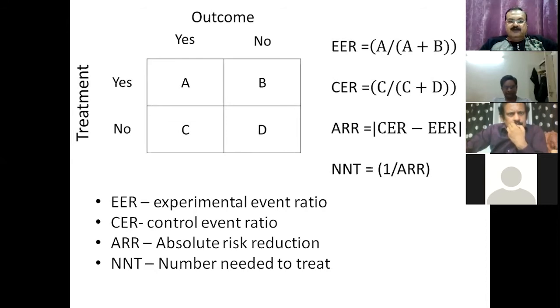Based on that, we find out the experimental event ratio, the control event ratio, then the absolute risk reduction, which is nothing but the control event ratio minus the experimental event ratio. And 1 upon absolute risk reduction is the number needed to treat. So in most clinical trials, you are going to come across the absolute risk reduction, and you are also going to come across the number needed to treat.